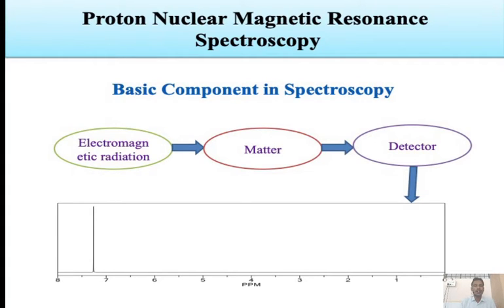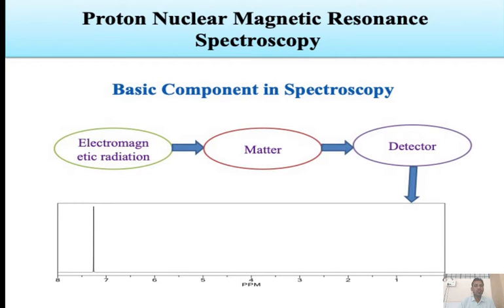Okay, in continuation of the first lecture on the topic of proton nuclear magnetic resonance spectroscopy, we will continue with the basic components of spectroscopy. Each and every spectroscopy has 3 to 4 components.